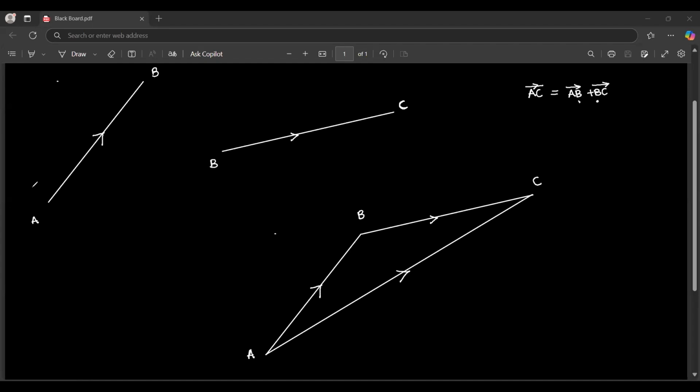So if they ask you AB plus BC plus CD, you can say that is equal to AC plus CD. Why? Here you know AB plus BC will give you AC, so you can write it like that. And then AC plus CD is equal to AD.